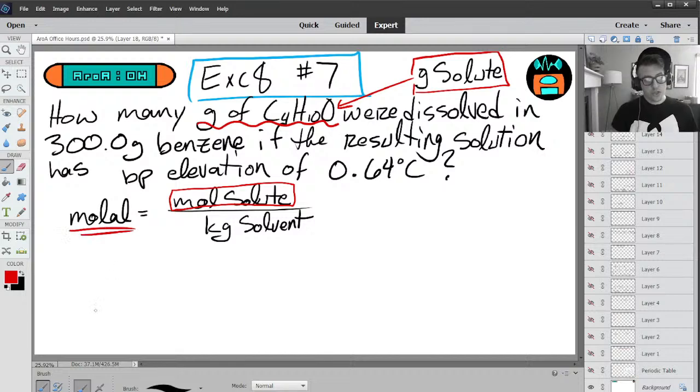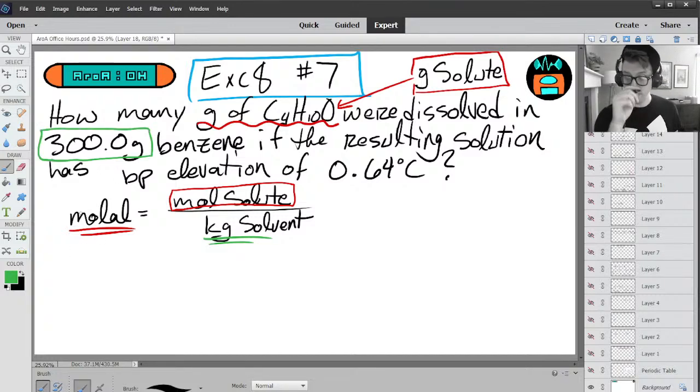So as we do this problem, finding the molality is how you find the moles of solute. Moles of solute are how you find grams. Another thing you'll notice, kilograms of solvent, you're given a mass of solvent, right? You know that you have 300 grams of benzene. So that is how you find the denominator of this. So as we move through this problem, you need to be thinking, okay, molality is how I find this.